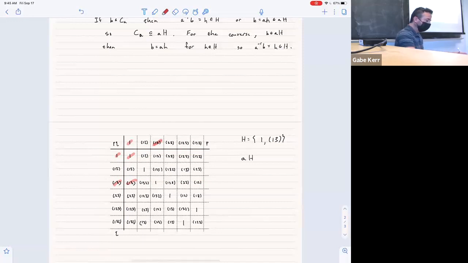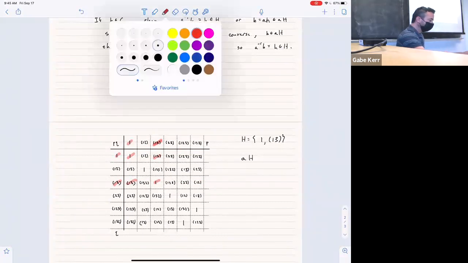If I look at 1, 3, I get these two guys. Why is that? Because 1, 3 is in the subgroup, and so it's closed under multiplication. I'm just multiplying the elements of that subgroup by something in there, which just permutes the elements around. Those are the only two that give me H.